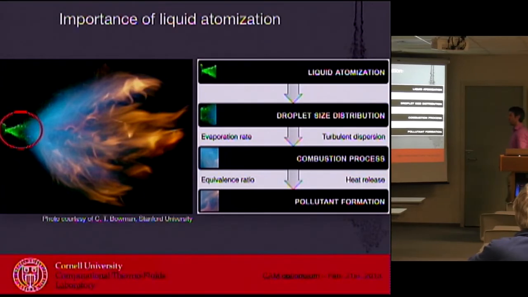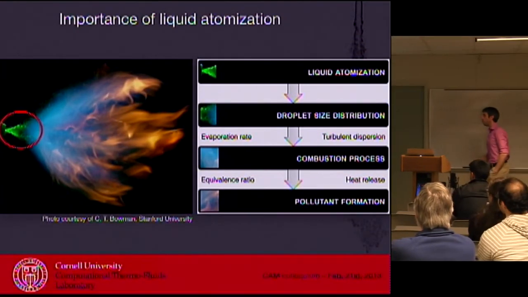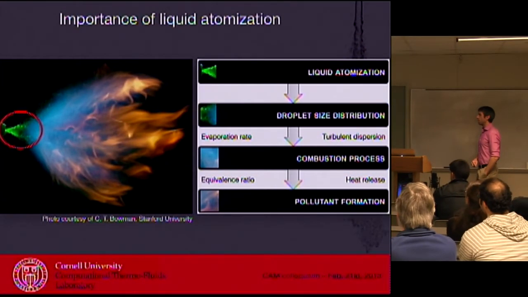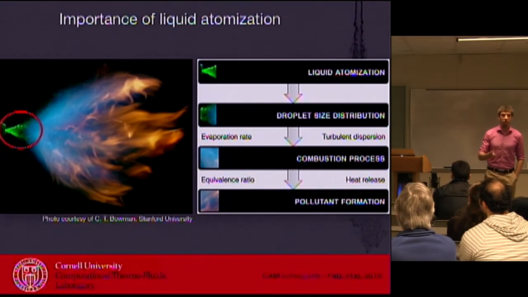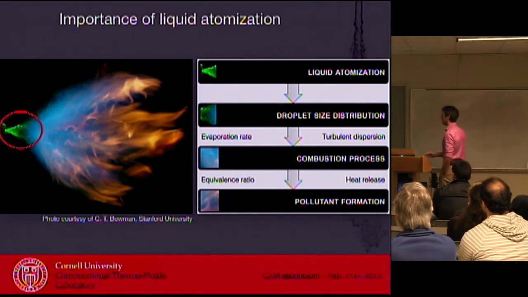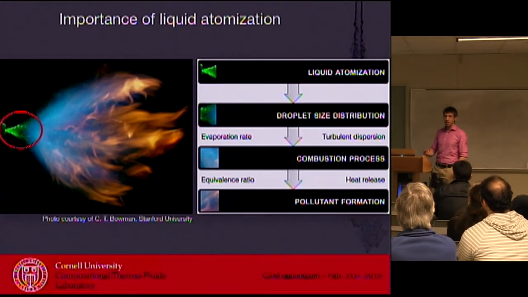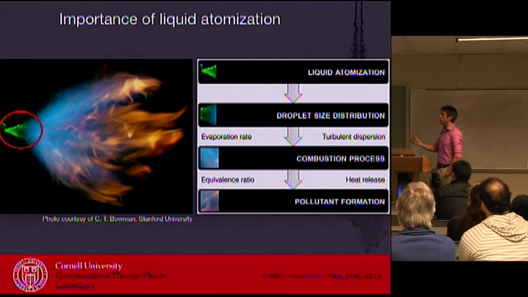This image is from Bowman's group at Stanford, 10 years old or so. But that illustrates pretty much what's going on in an aircraft gas turbine engine. But it also is representative of what's going on in stationary gas turbine engines. It's very much representative of what's going on also in car engines. So this is very much what we do when we burn fuels.